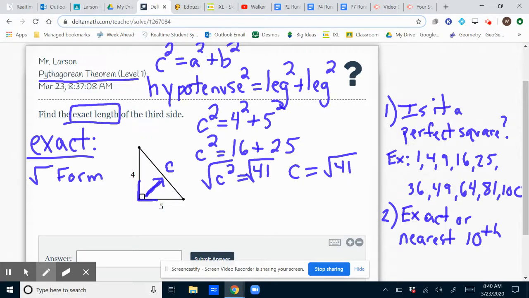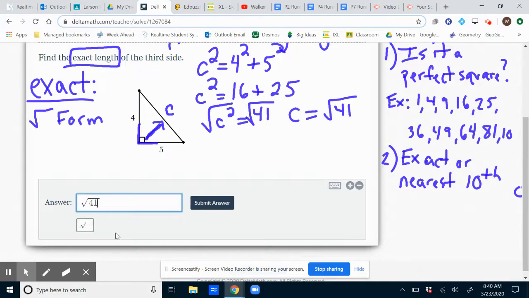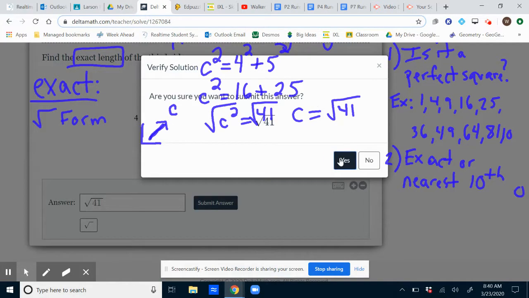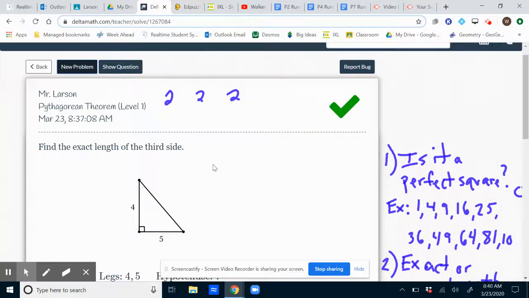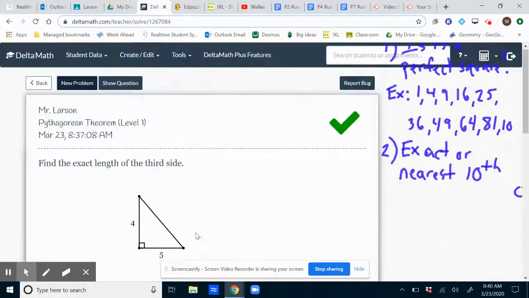So your answer is just radical 41. You don't need to put this in your calculator, and this skill, level 1, doesn't even make you reduce or simplify the radical. Since it says exact form, that's our answer, radical 41. It'll show you why you got it right, or if you got it wrong, it will explain it.